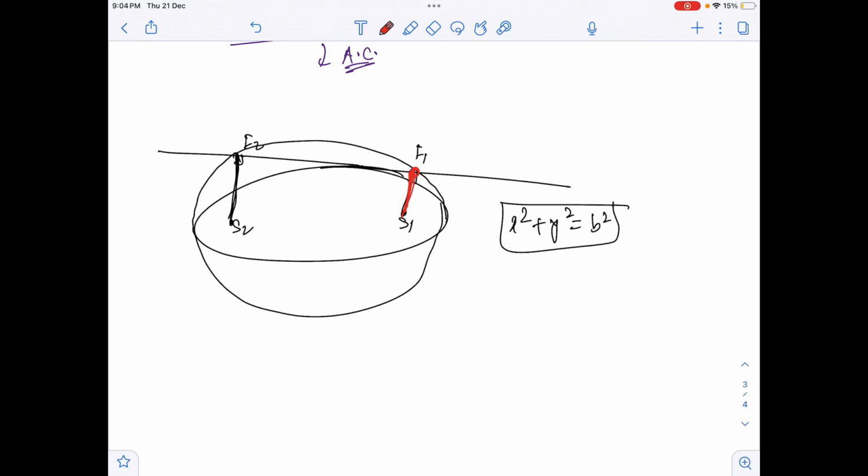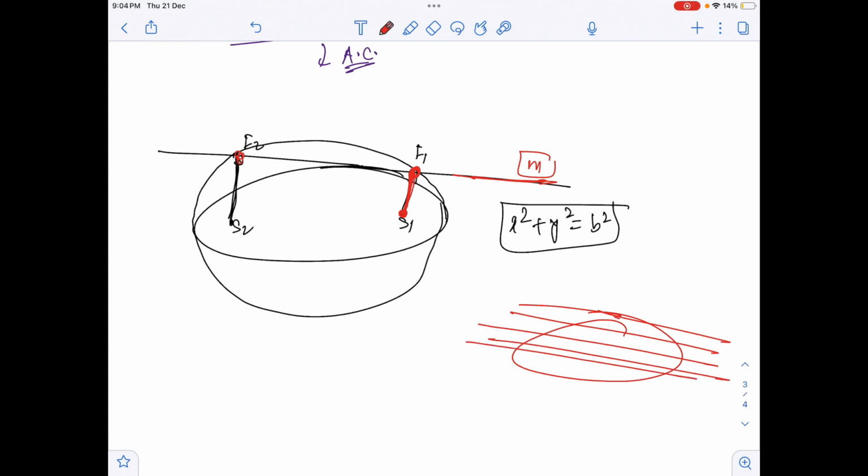Now next we'll prove what the product of this distance is, because I know F1 and F2 lie there. Again, you can basically find the distance of a point from this tangent and multiply them, and you'll get the answer as in the textbook. But here I'll give you a crazy method. Let's say this line has some slope m. Clearly for an ellipse, we can draw two lines having the same slope.